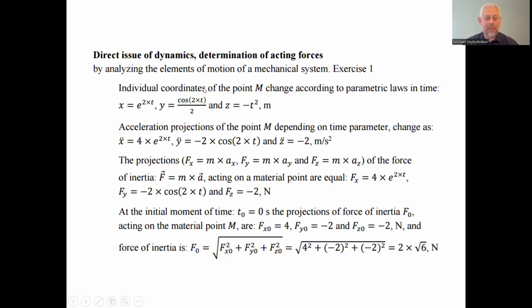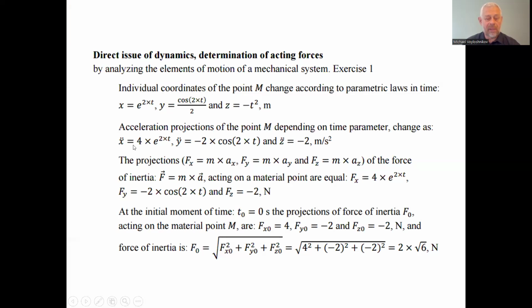To find the forces, I mean the forces of inertia, which in accordance with the d'Alembert concept, the forces of inertia and the force acting on the material point are equal in balance, exactly with the opposite direction. The forces of inertia are proportional to the accelerations, and acceleration equals the second derivatives of the coordinates with respect to time.